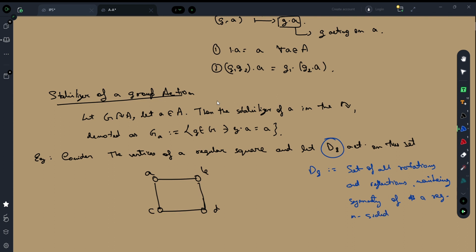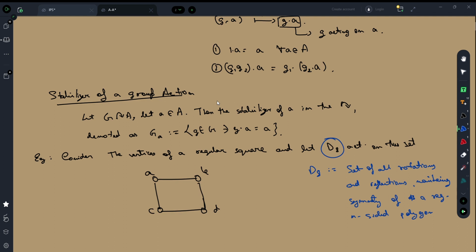So acting D8 on this will give you all the possible orientations you can achieve out of a square if you make its vertices rotate, and the square reflect about certain given axes while maintaining symmetry.